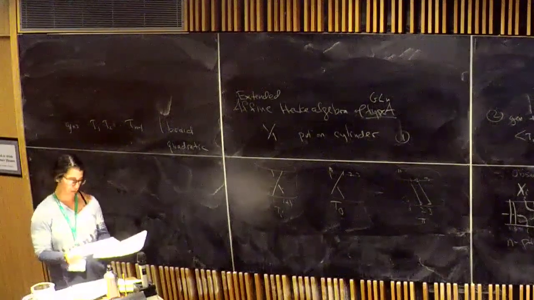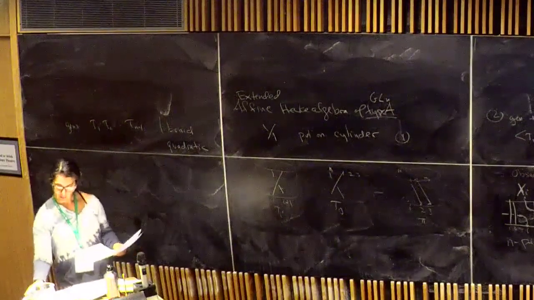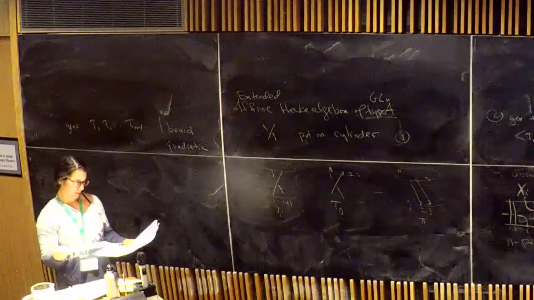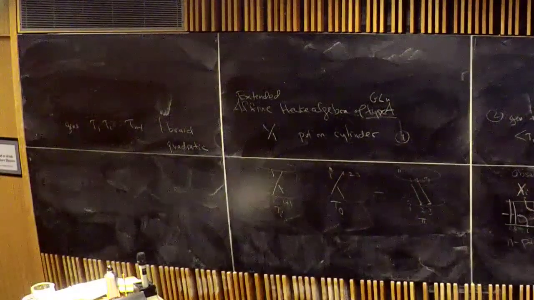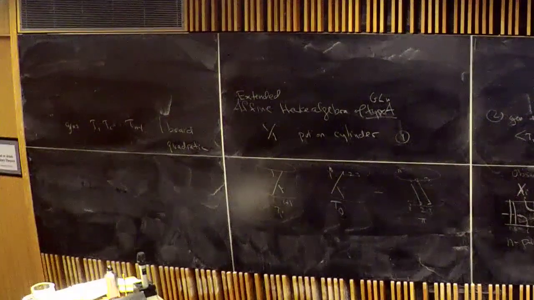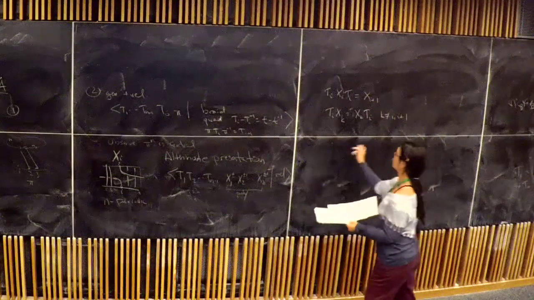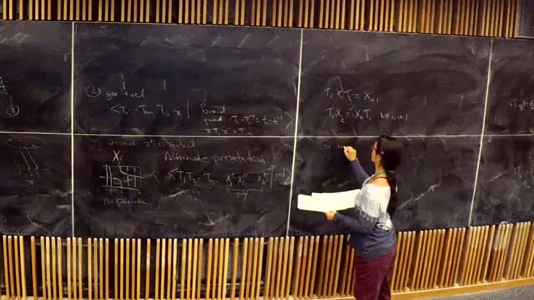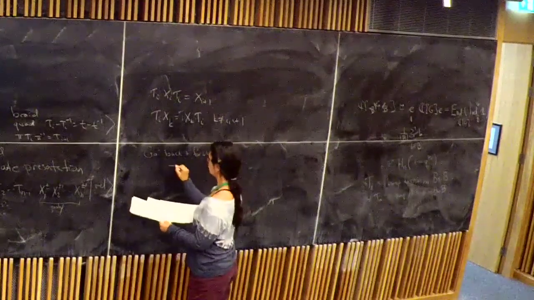Maybe that will answer it. Yeah, so how do you go back and forth between the two presentations? Well, I think we said, maybe at the end of lecture, how to go back and forth with the symmetric group, right? This is enough to do it.